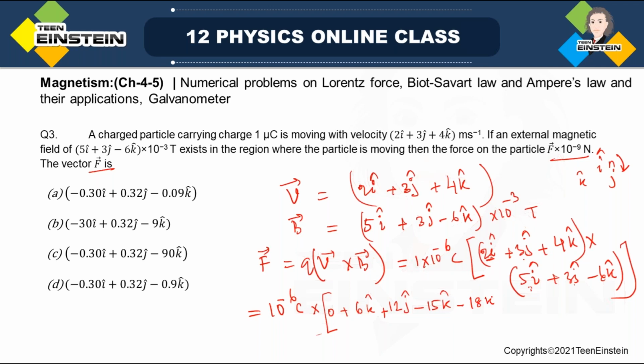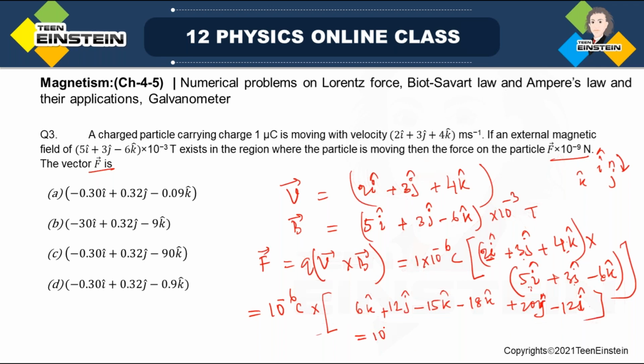Finally we'll do the addition and subtraction. So with 4 k, k i will give you j. Okay, k cross i will give you j, so 20 j cap. This with this, k j will give you minus i, 12 minus i cap, and k k will give you 0 again.